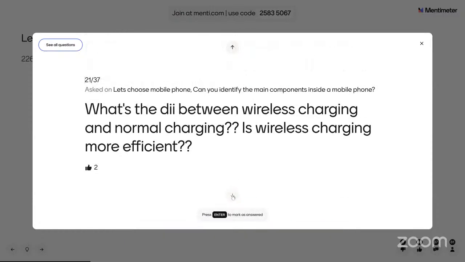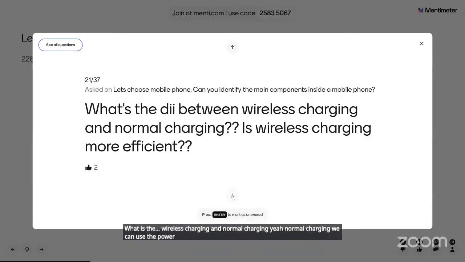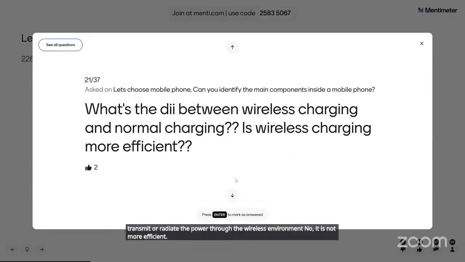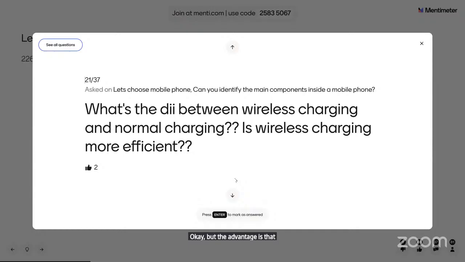What is the difference between wireless charging and normal charging? Yeah, in normal charging we use the power cable. In wireless charging, we basically transmit or radiate the power through the wireless environment. No, it is not more efficient, but the advantage is that you can use your mobile phone at that time.